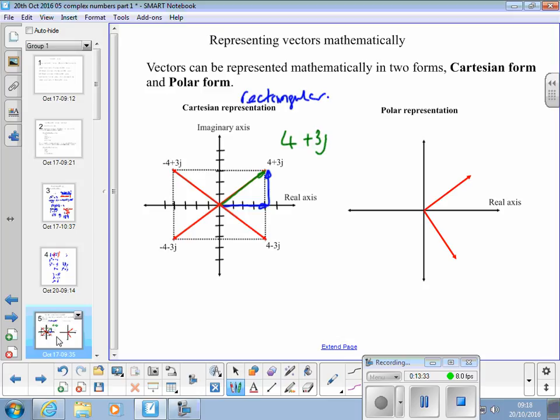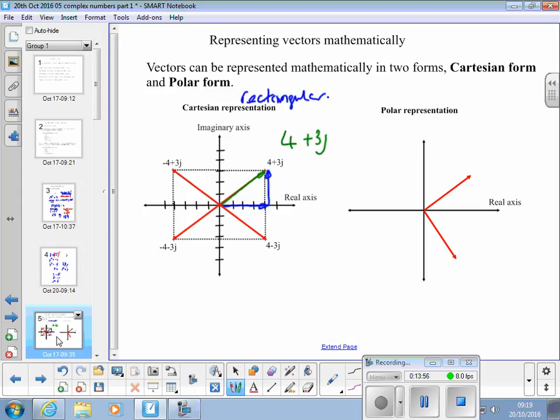So that vector is represented by the complex number 4 plus 3j in that form. Okay. If we go over into this area here, the x-axis becomes negative. So a similar vector in that direction is minus 4 plus 3j.